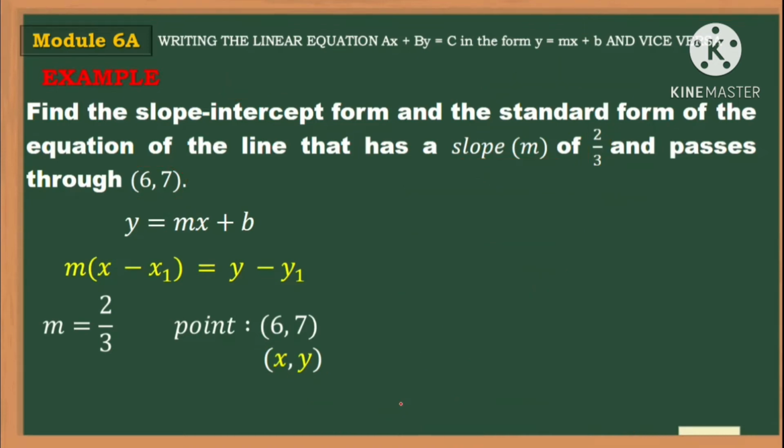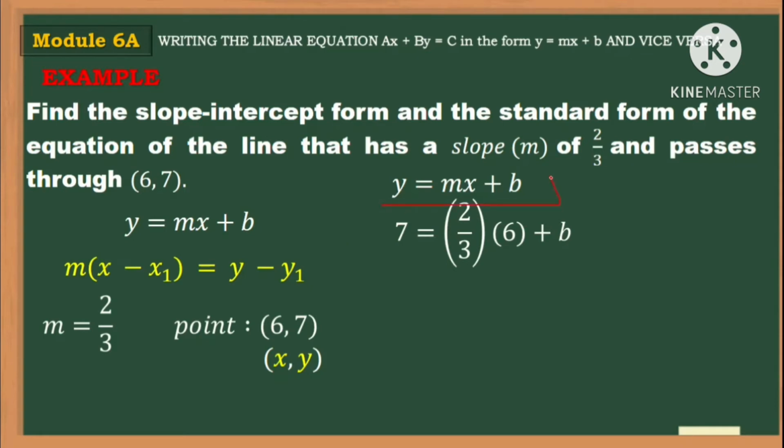Now let's proceed to slope-intercept form. Notice we're going to take this point x and y, so that is possible also. We have here y is 7, then the slope is 2 over 3 times the value of x, which is 6, plus b. Kunin muna natin ang b, or the y-intercept.